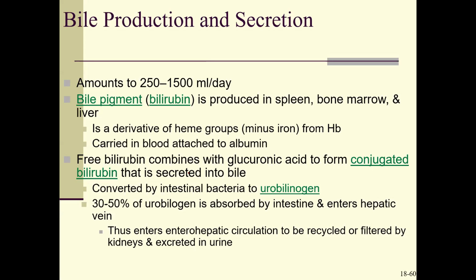The heme is then converted into biliverdin, which is then converted into bilirubin. And then bilirubin hitches a ride on albumin and gets carried to the liver. Bilirubin is not very soluble, so getting rid of it takes some finagling.